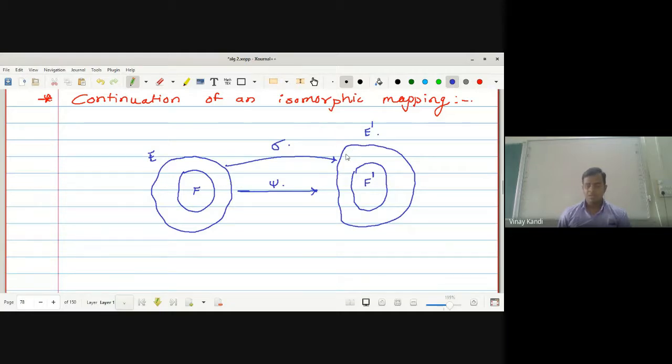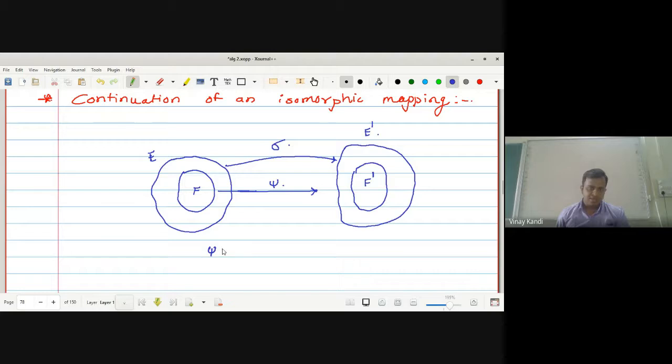On the bigger field, the largest field, that is an extension of F and F dash. And on F and F dash, there exists an isomorphism psi. Now, what is the continuation of an isomorphic mapping? Look here.